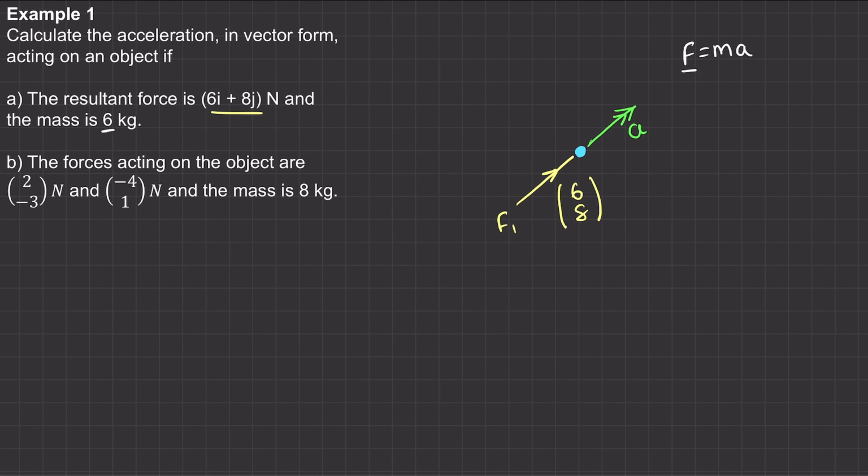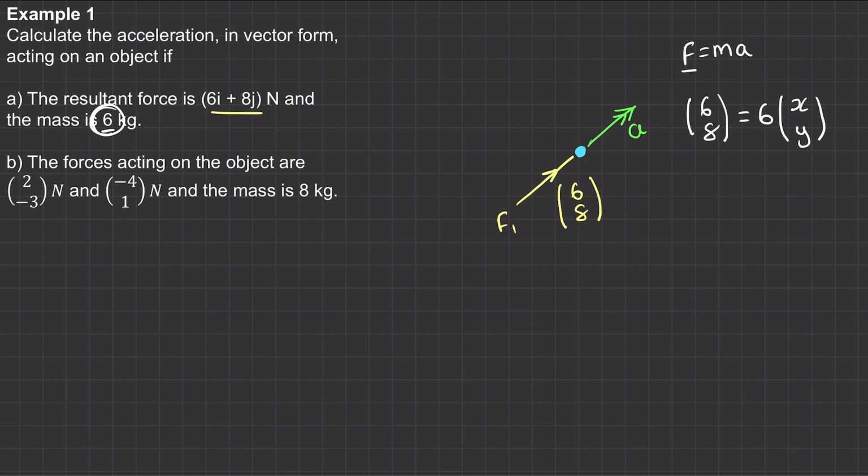The force in vector form is 6, 8. So 6 in the i, 8 in the j. And this is equal to the mass, which we're told is 6 kilograms. And this is a scalar because it has a magnitude but no direction. So the mass times the acceleration, which has x in the i direction and y in the j direction.